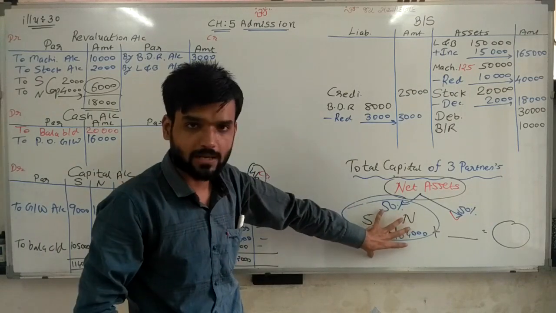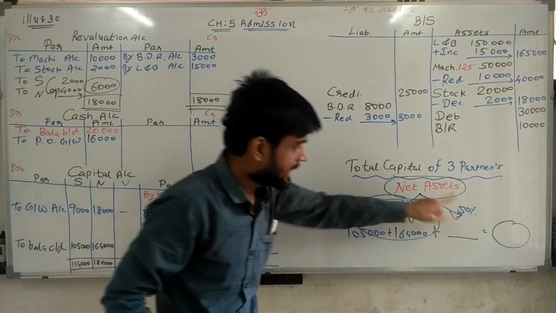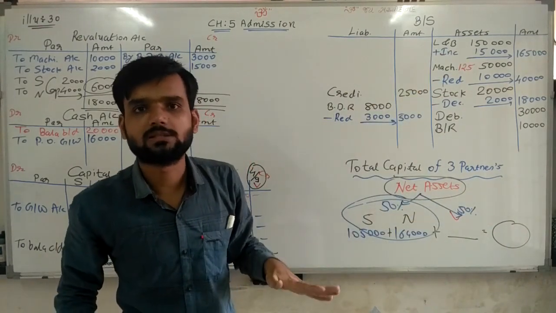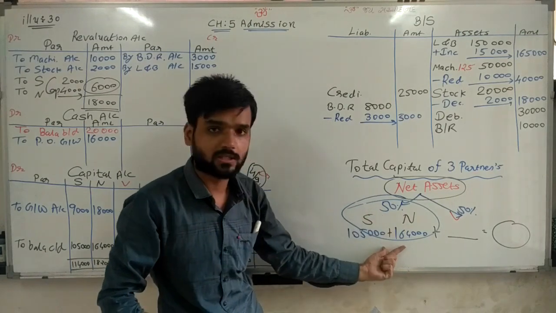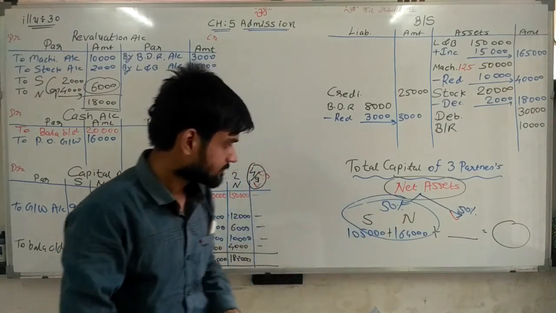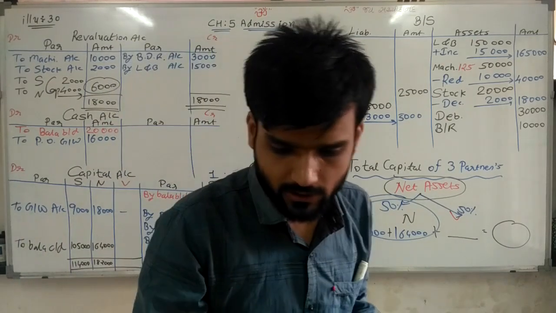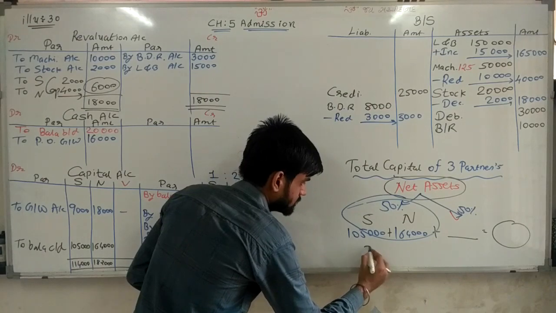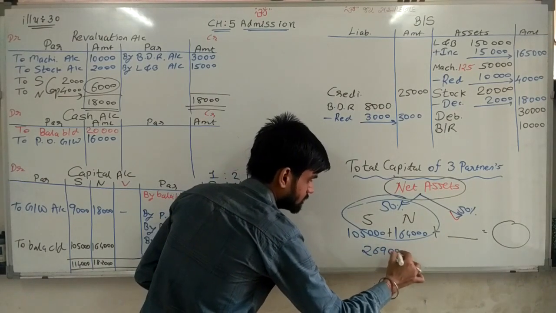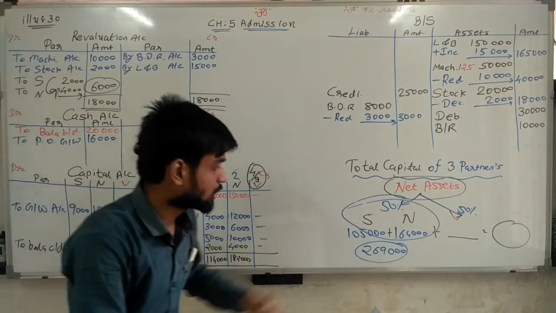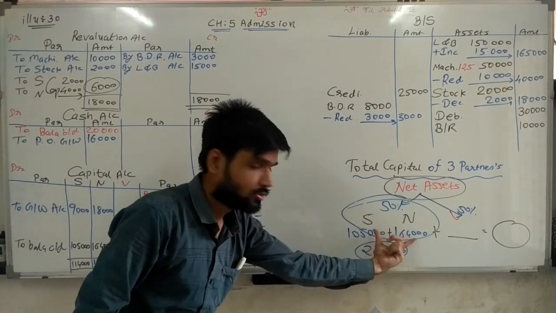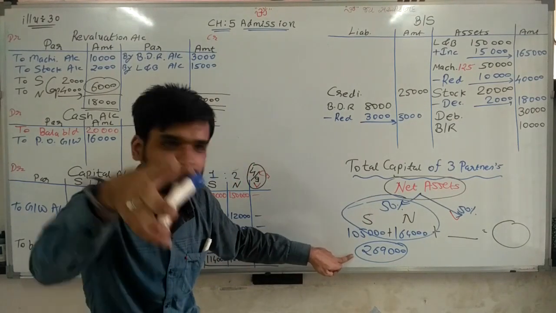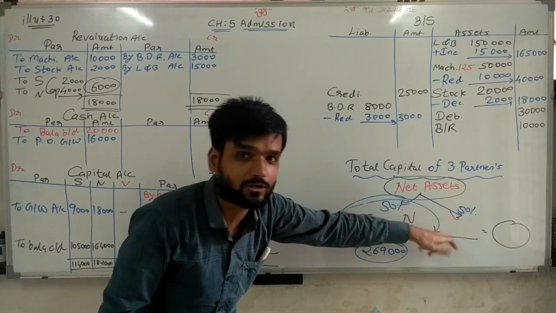So 50% is the capital of both partners, and the remaining 50% is what V brings into the business. So the total of S and N, both partners, is 269,000. That is 50%.